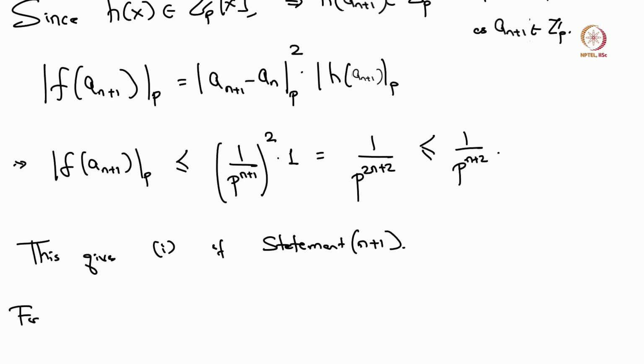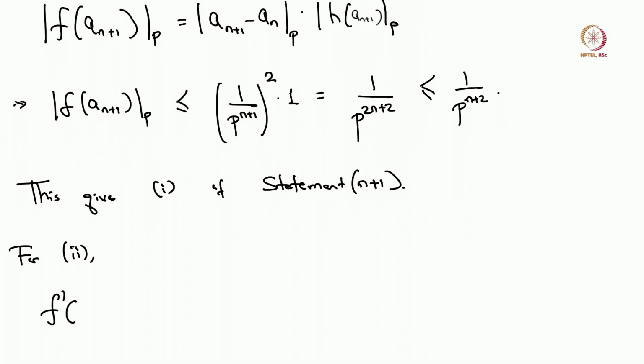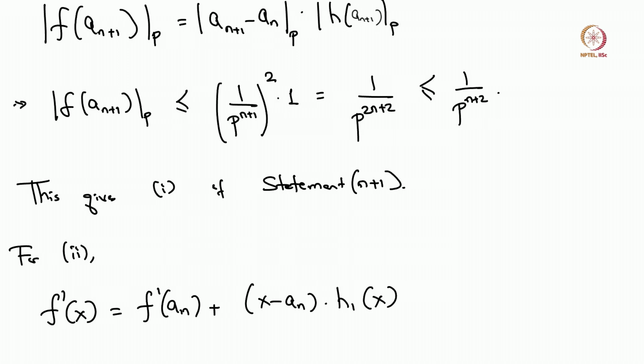And for part 2, you look at the expansion of f prime of x around a_n. So you get f prime of x is f prime of a_n plus (x minus a_n) times some polynomial, say h1 of x, where this h1 of x is in Z_p[x].